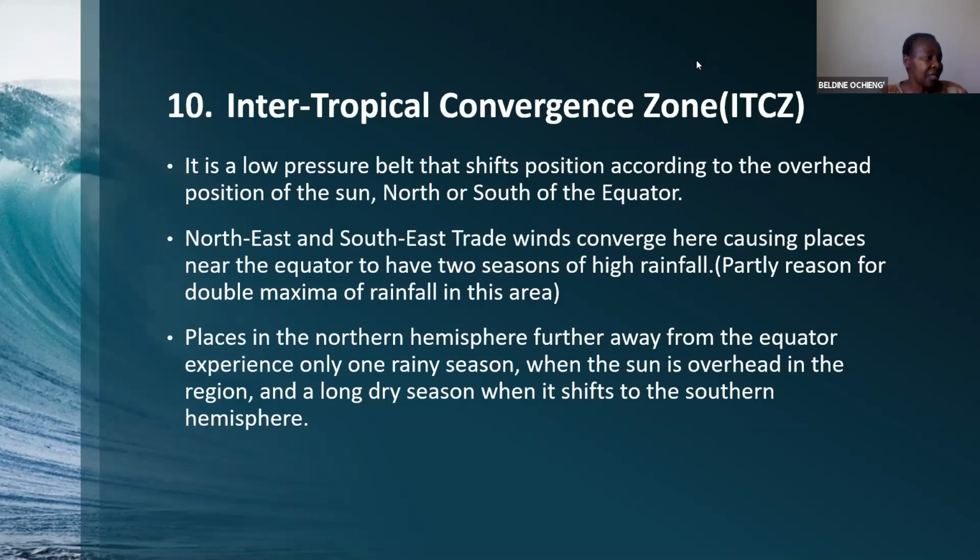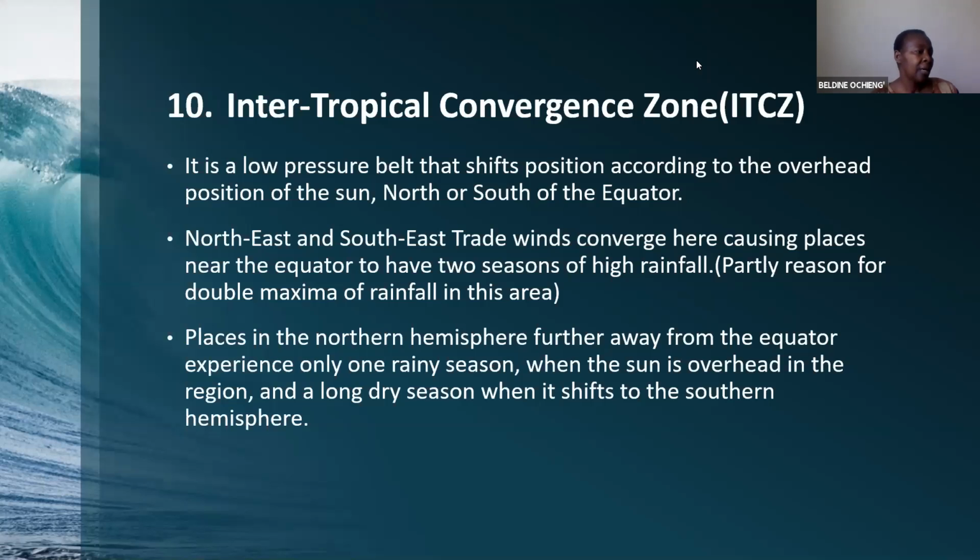Northeast and southeast trade winds converge here at the ITCZ, causing places near the equator to have two seasons of high rainfall, partly the reason for double maxima of rainfall in this area.